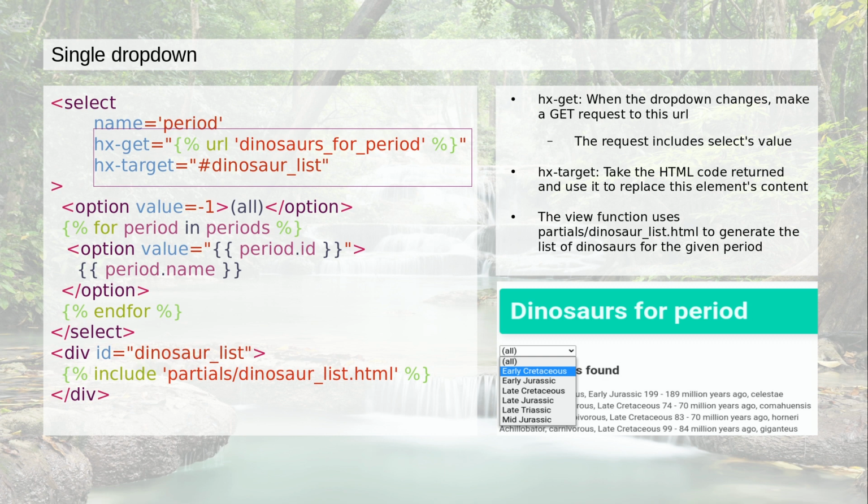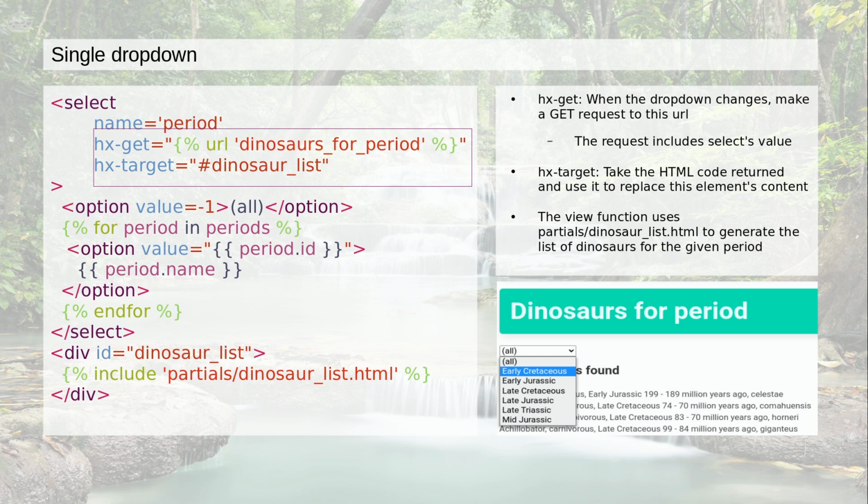Now, htmx automatically includes the value of this element for us. So each of those periods has got an ID. As often with the dropdown, we've got an ID and we've got a string. The htmx will send the period ID with the request. We don't have to do anything, it just does it for us.